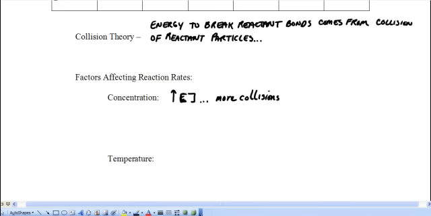If you have more collisions, you should therefore have more reactions. If you have more reactions, it will occur at a faster rate. And if a reaction occurs at a faster rate, it takes less time for the reaction to occur.